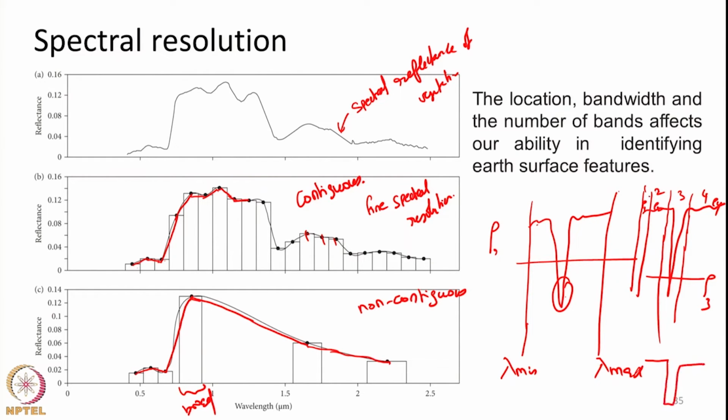So, if we use many number of fine spectral bands, we are able to get this absorption feature properly with some accuracy. If we use a single broad band, everything is averaged out, you are getting only one row as output. So, the spectral characteristics of a system will define the information we collect in the spectral space.